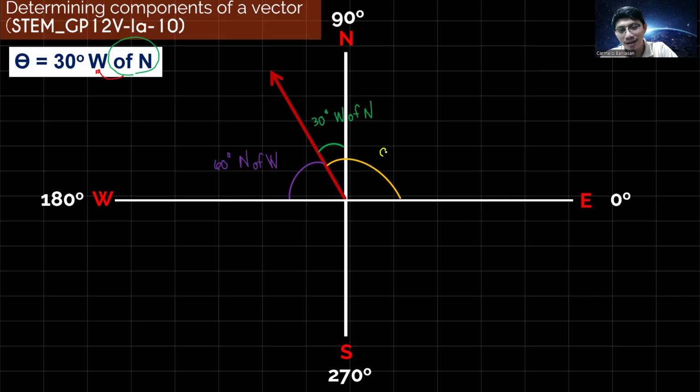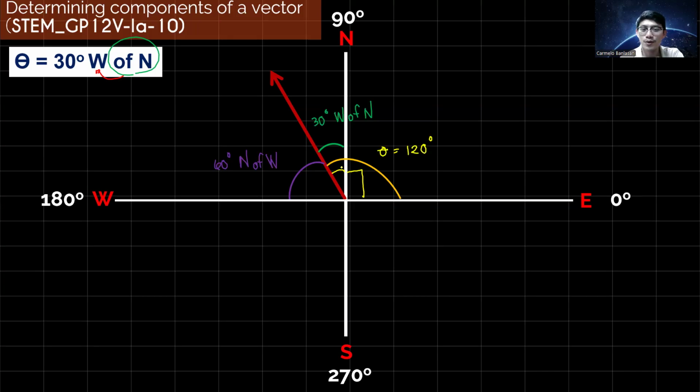It must be 120 degrees because this is 90, right, plus 30, 90 plus 30, that's 120. So the standard angle is 120 degrees. There is no west of north or north of west when you use standard angle. So automatically, you know it's in standard angle because of the degrees.